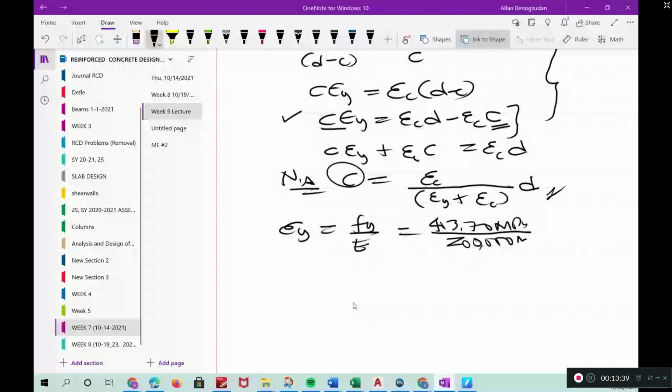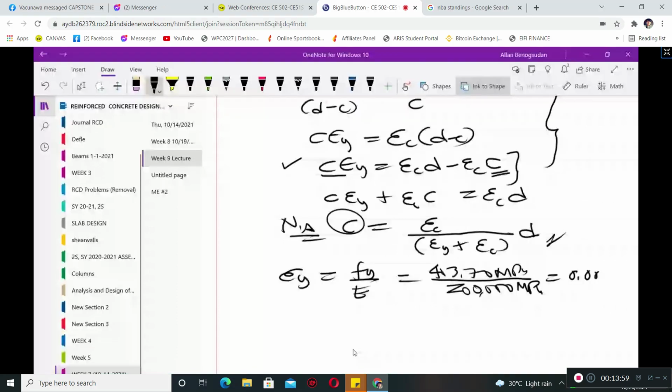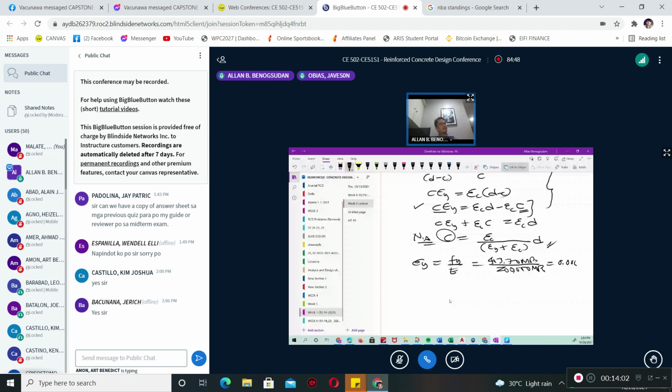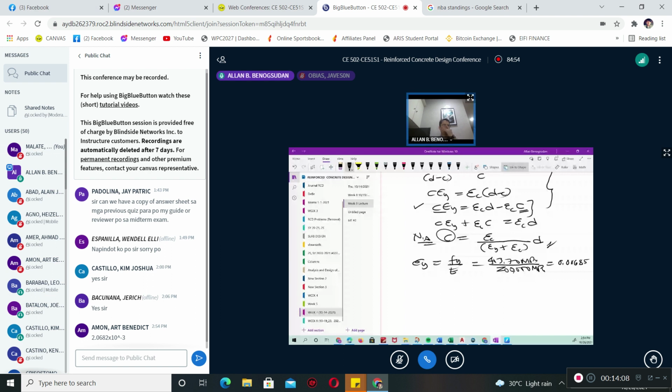Please solve. I haven't solved this one yet. So we're solving this. How much is this? Maybe Natividad, would you like to? 0.002. 0.00207, sir.